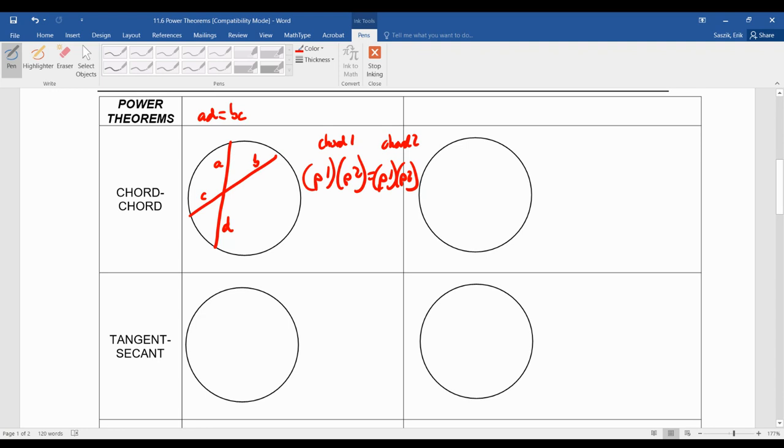Now, over here on the right, we're actually going to prove it. Okay, obviously I would solicit input from you guys if we were doing this in class. How are we going to figure this out?